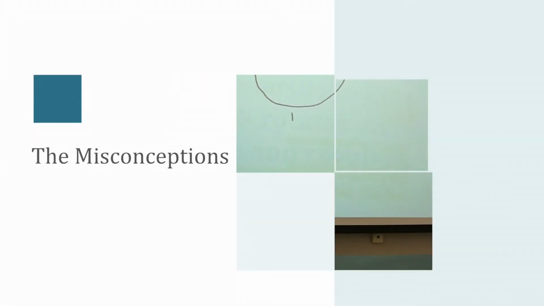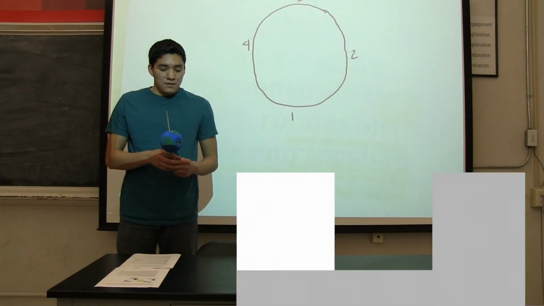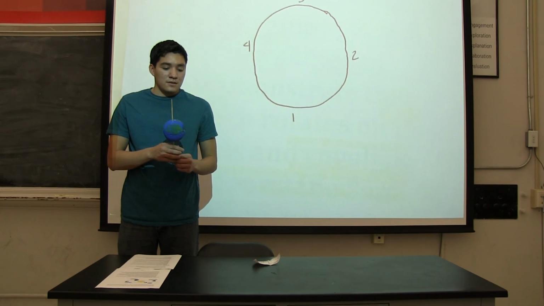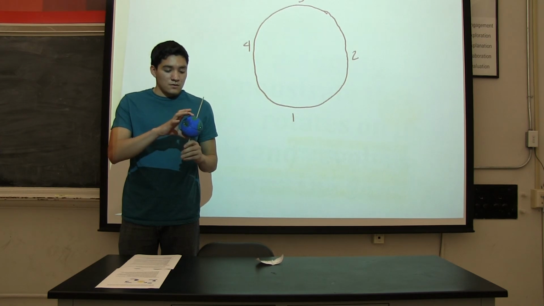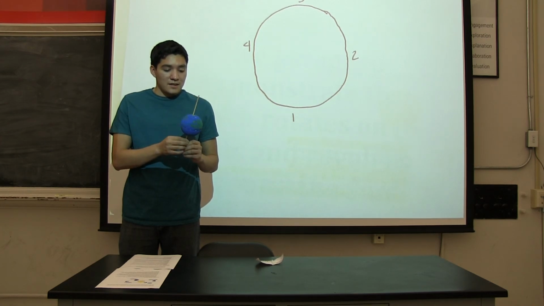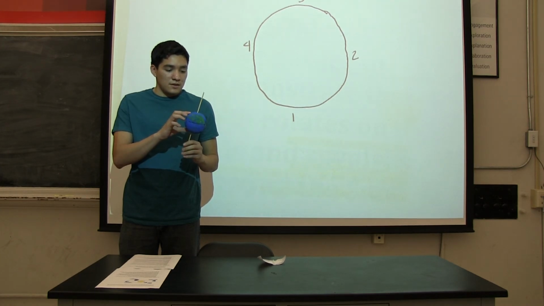Right. Okay, so to cover up any possible misconceptions: all areas of the Earth experience seasons, which is false, because areas closer to the equator and the poles experience less dramatic seasons because they have very small temperature fluctuations compared to other parts of the Earth.